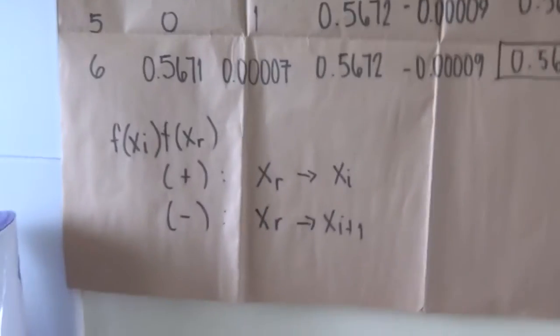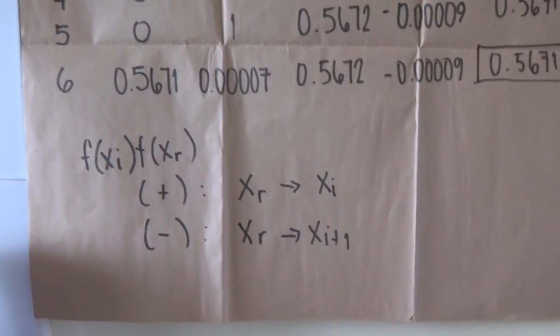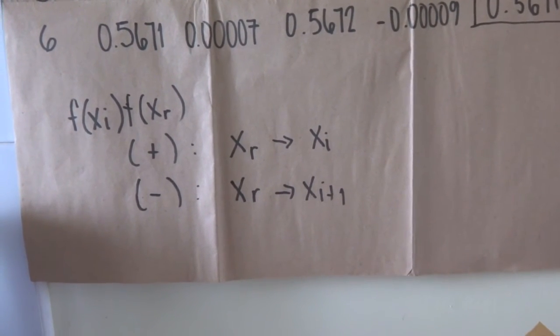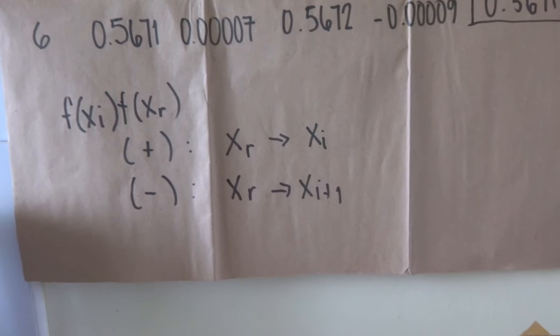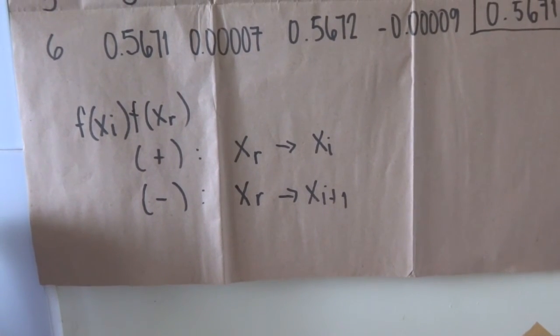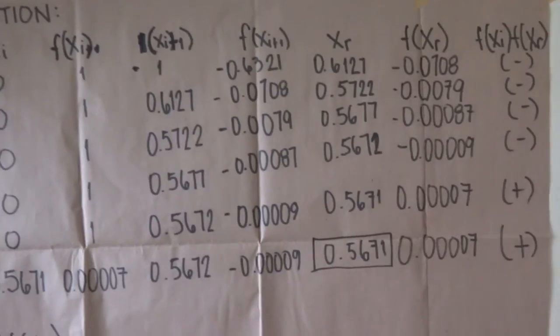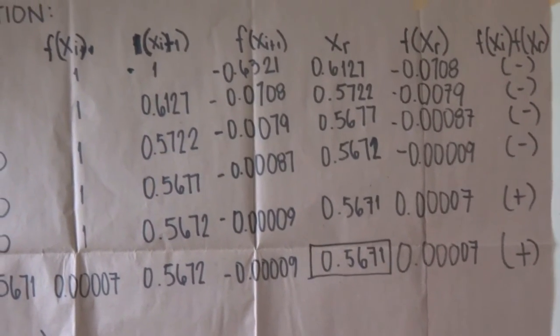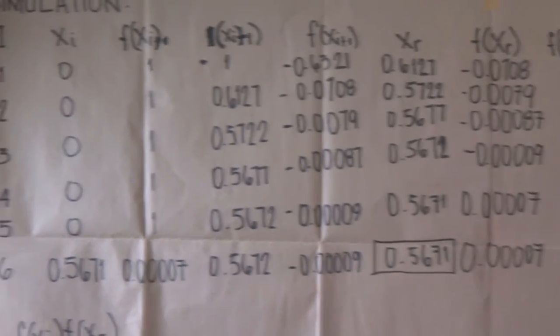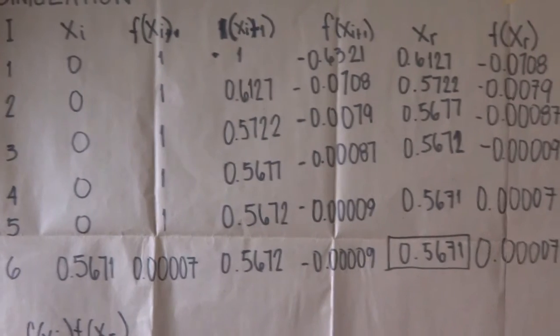If the product is positive, xr will be our new xi. If the product is negative, xr will be our new xi plus 1. So in our first iteration, since our product is negative, xr 0.6127 will be our xi plus 1.